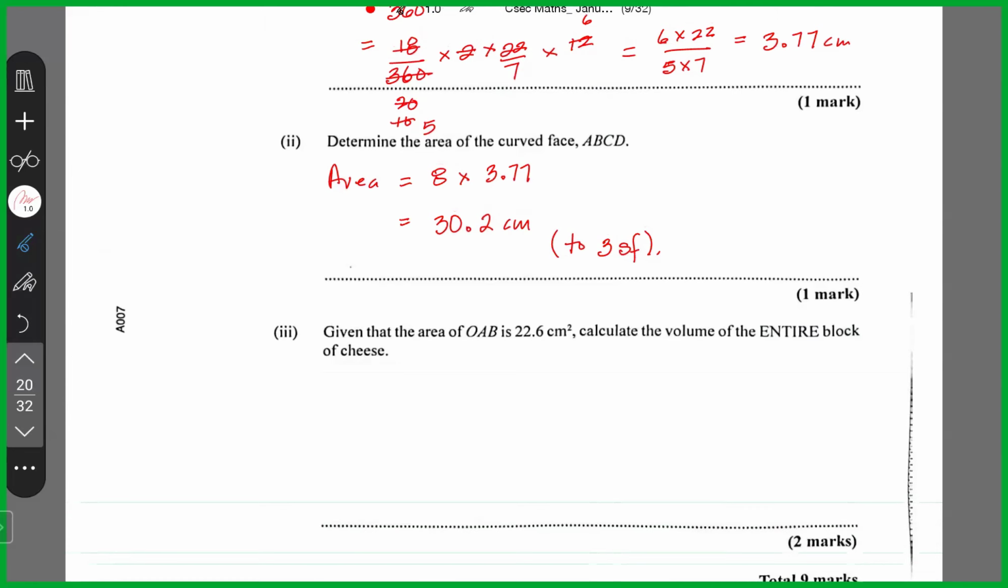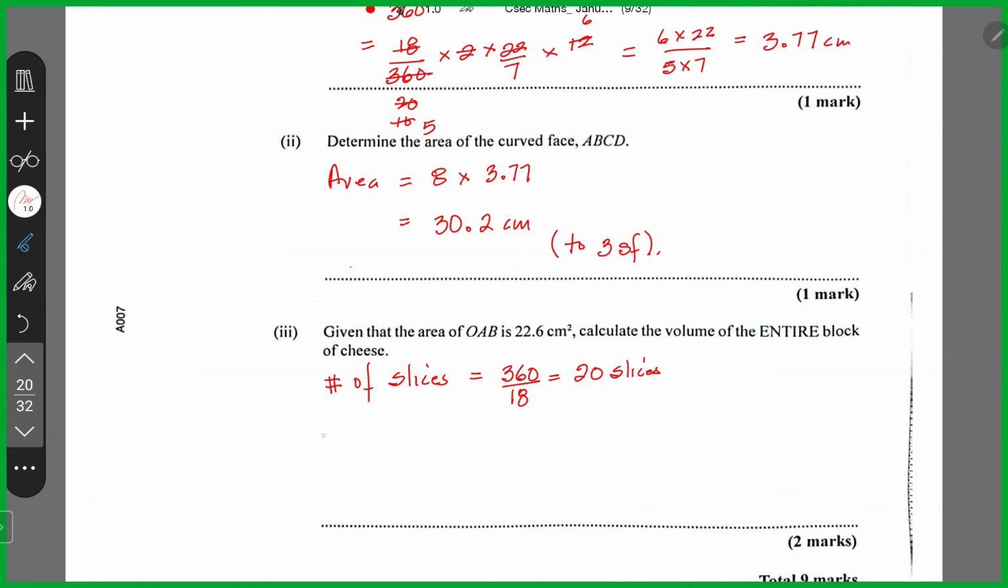Remember the entire block is cylindrical, and the cylinder would be 360 degrees, for the cross section is a circle. So the number of slices would be equal to 360 divided by 18. There are 20 slices.